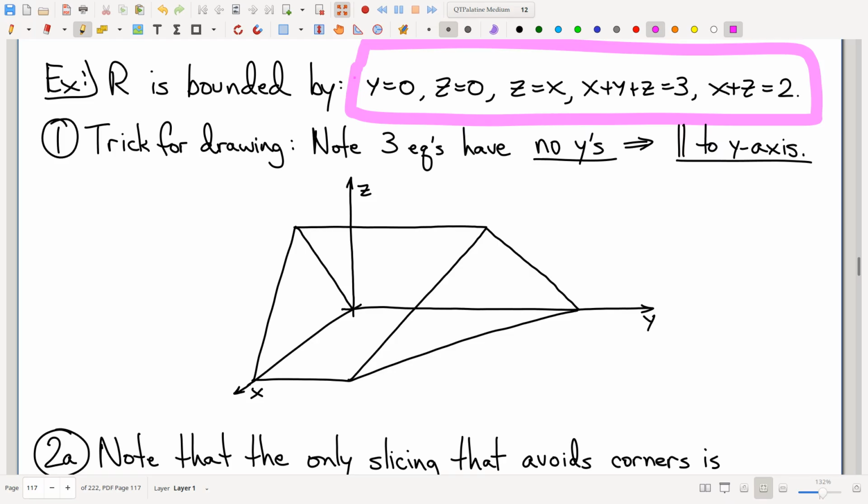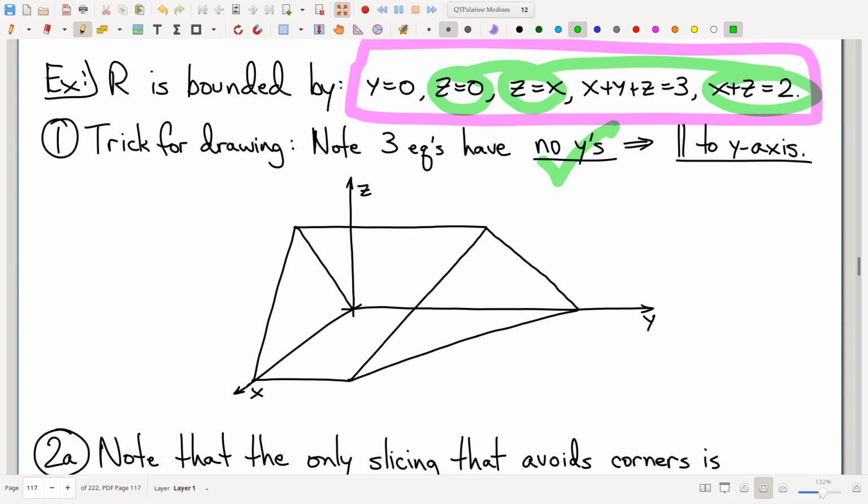There is something particularly convenient about these planes. In particular, there is a set of 3 of them in which there are no y's anywhere in the equations. And I'm going to remind you all, flashing back to chapter 1, section 1.5, I want to say, about lines and planes.